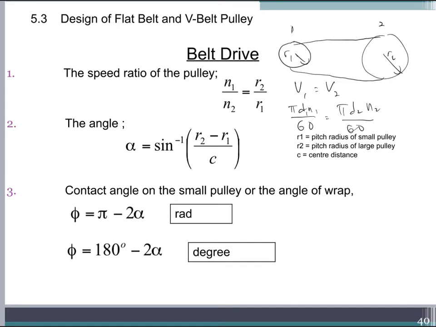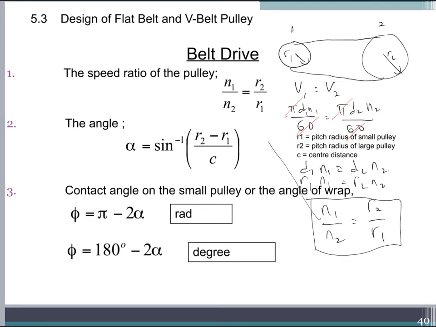So we cancel out 60 and pi. What is left is D1 times N1 is equal to D2 times N2, where we can reduce D to radius, so R1 N1 is equal to R2 N2, or we can make them a ratio. So N1 divided by N2 equals R2 divided by R1. So this is the equation you can derive.